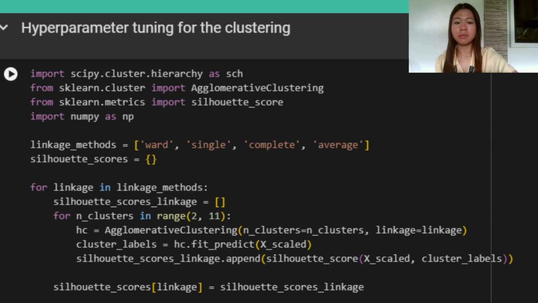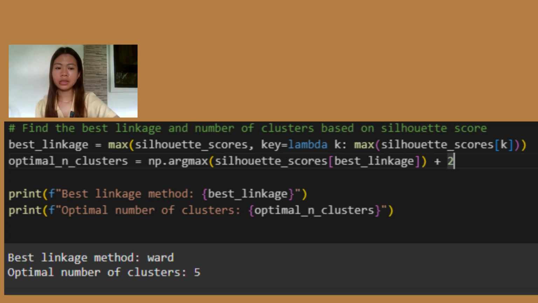Higher scores mean better clustering. So after calculating the silhouette scores, it identifies that the ward method is the most effective. As we can see here, the best linkage method is ward, and the optimal number of clusters is 5. As this combination gives the best score, this process ensures that clustering is accurate and meaningful, helping to group customers effectively for better insights.